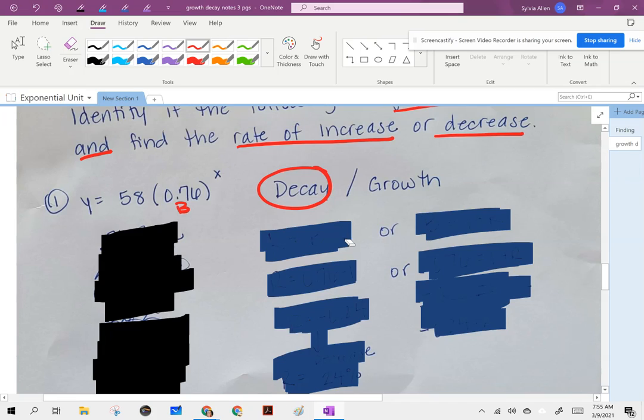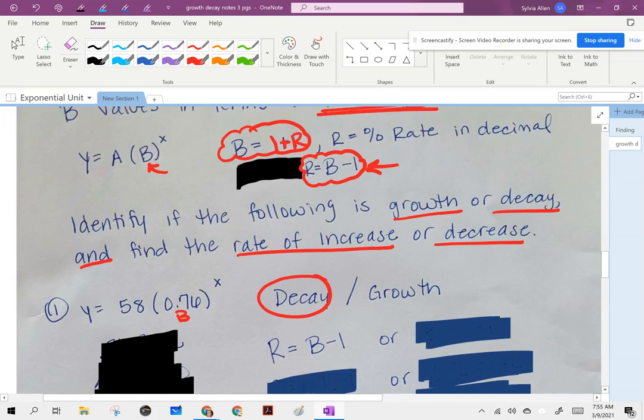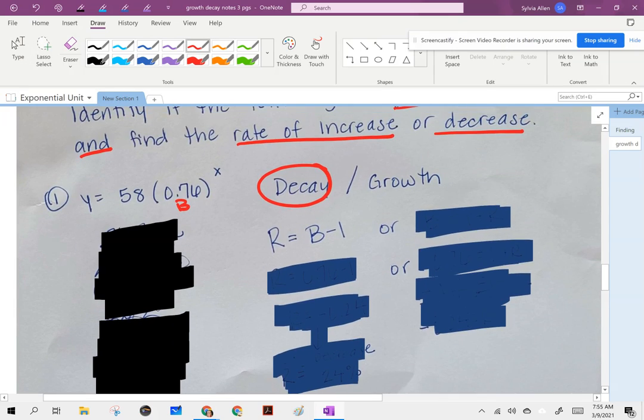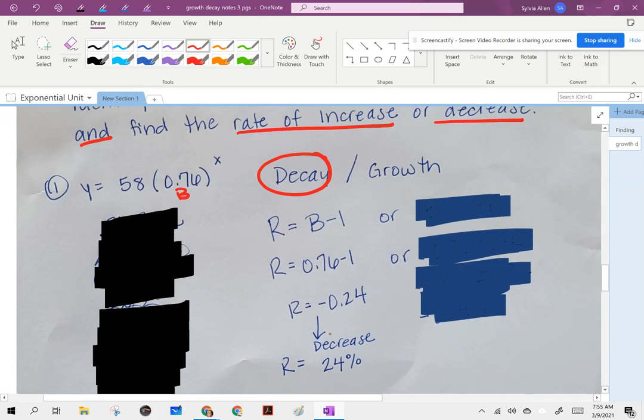So there's two ways to kind of go about doing this. We could either write the rate is equal to B minus 1, which is what we had right here. To find the rate, you could take the base minus 1. So my base is 0.76 minus 1, which gives me a negative 0.24, which makes sense because the negative is going to tell me that it's decreasing.